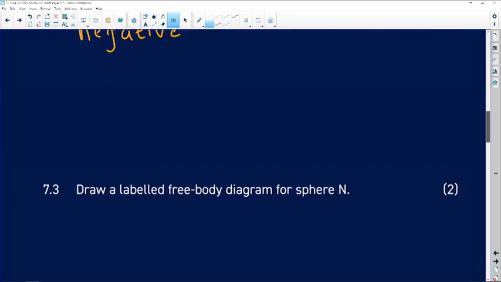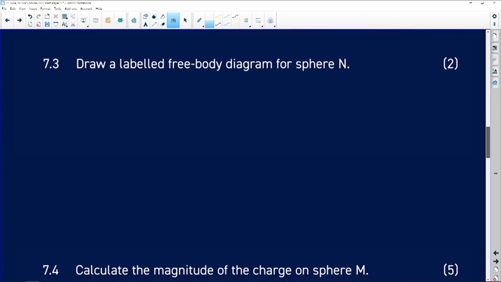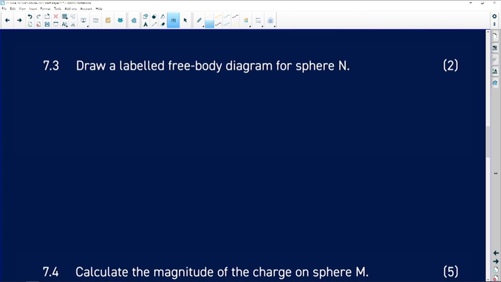We then move to 7.3. We are looking for a free body diagram of sphere N. We now know that M is negatively charged, so there will be an electrostatic force, Fe, between M and N, and N is also being pulled downwards by Fg.